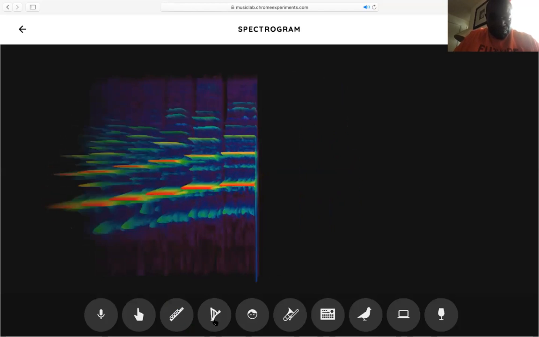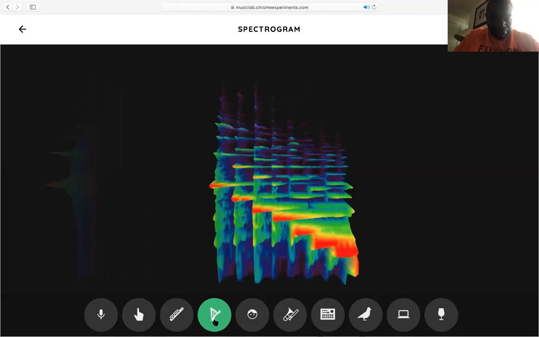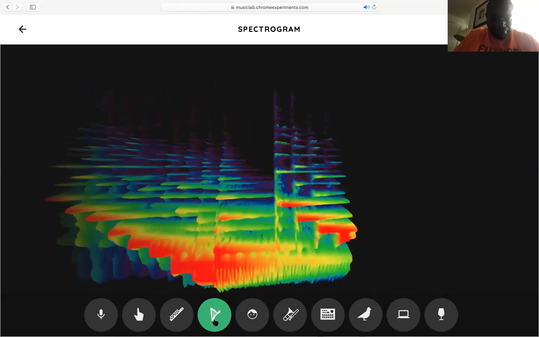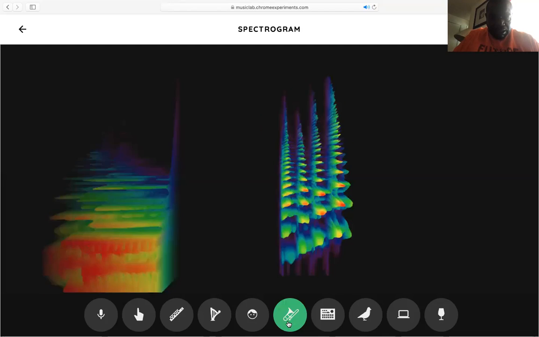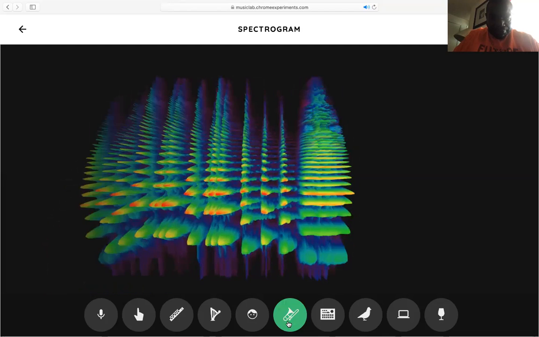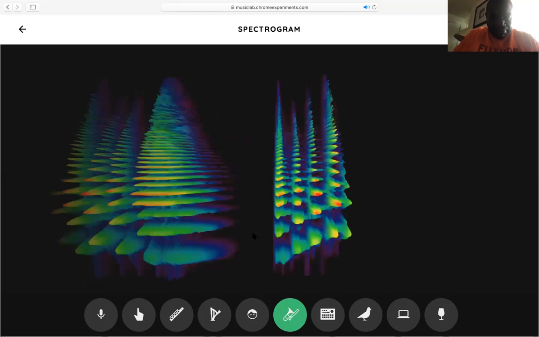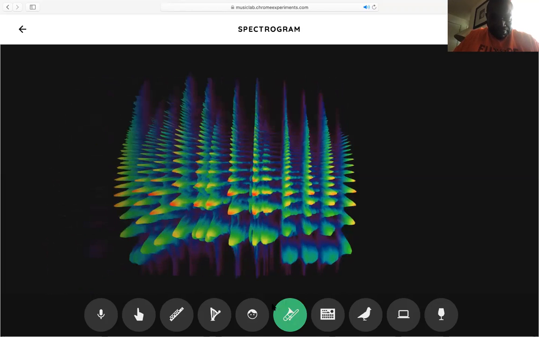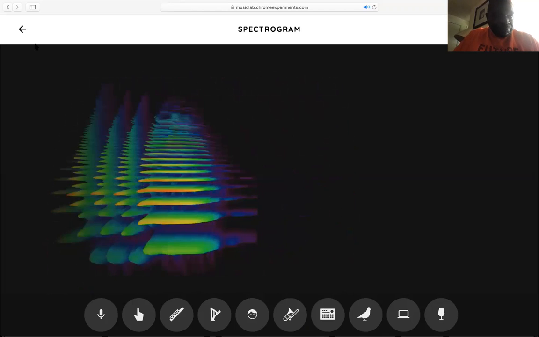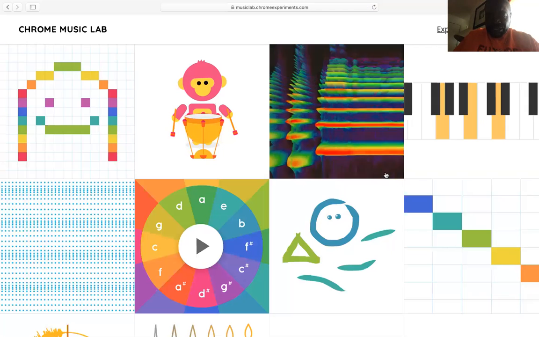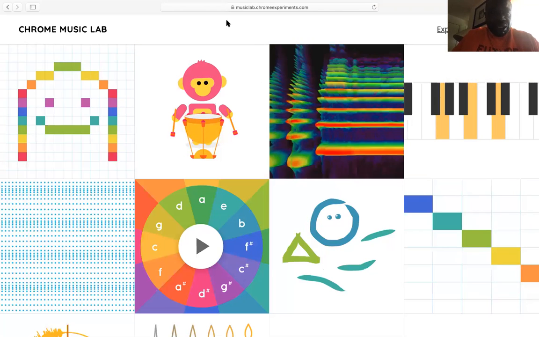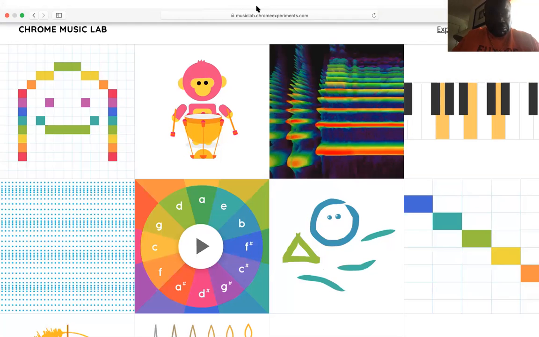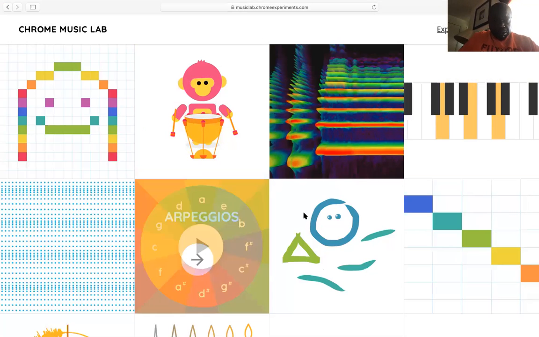Wow, that's on the flute. All right, so they have different rhythm things you can play with, and I just want to share with you some of what this Chrome Music Lab would do.